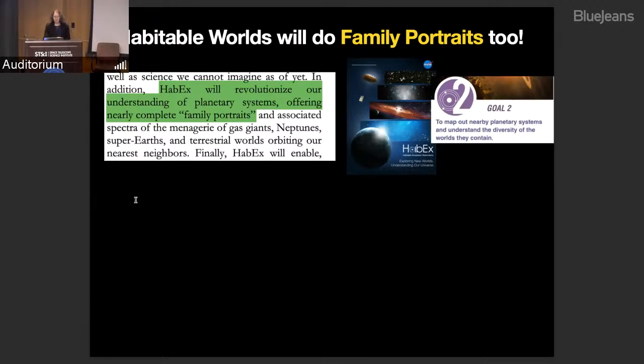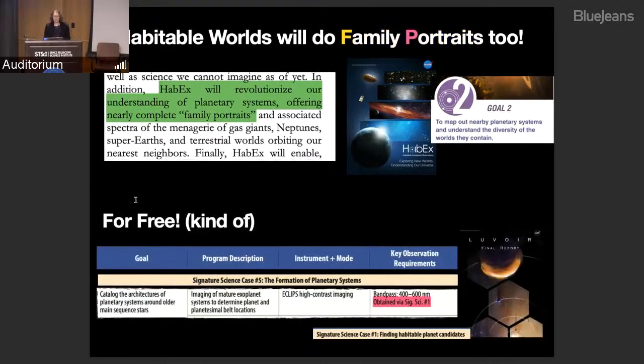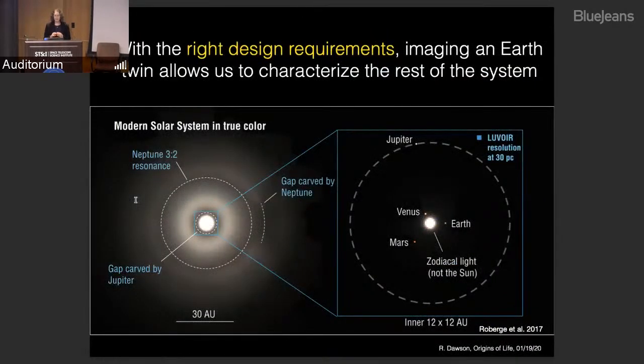These family portraits will even be free, kind of, in that the same requirements that we might need to image mature exoplanet systems to determine planet and planetesimal belt locations are also what we need to find habitable zone planets. Of course, they're not really free, and what we meant by that is that with some of the right design requirements, imaging an Earth twin can allow us to characterize the rest of the system.